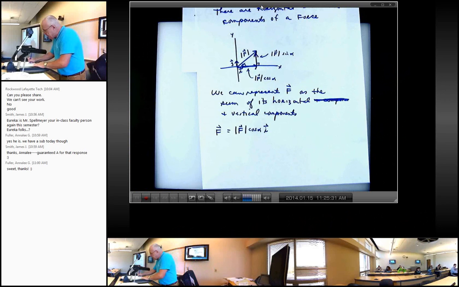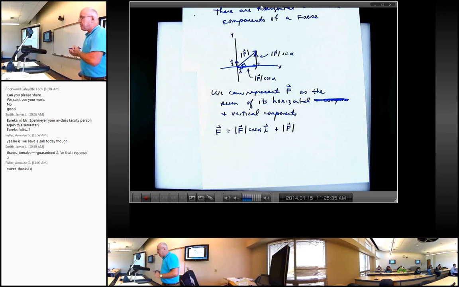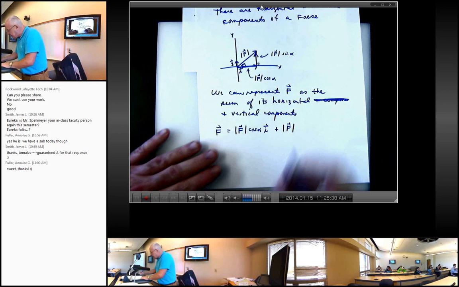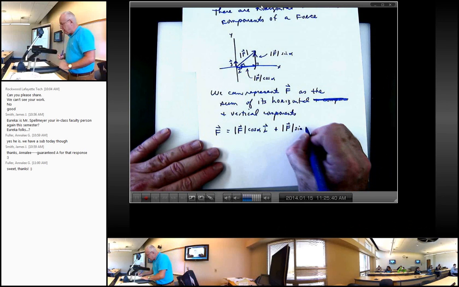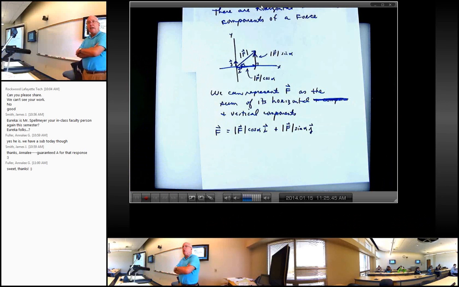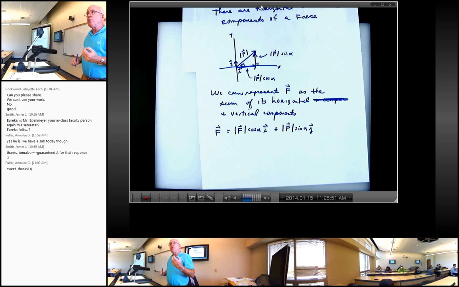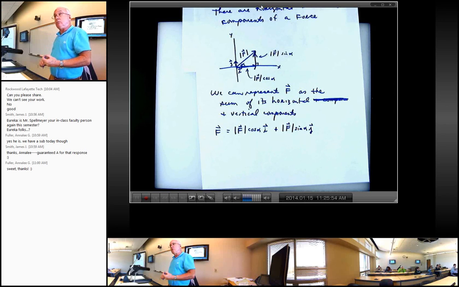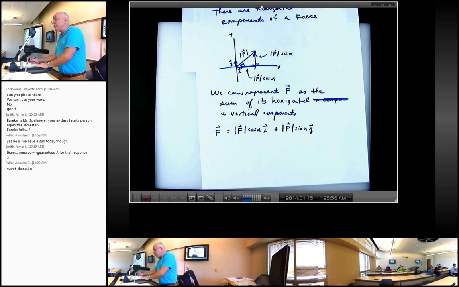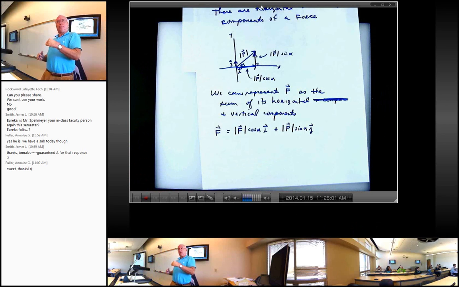And then the vertical component is the size of the vector times the sine of alpha, multiplying my vertical unit vector j. That way I've broken up our force into two components, the horizontal and the vertical, all from knowing the angle that it makes with the horizontal. You okay with that?